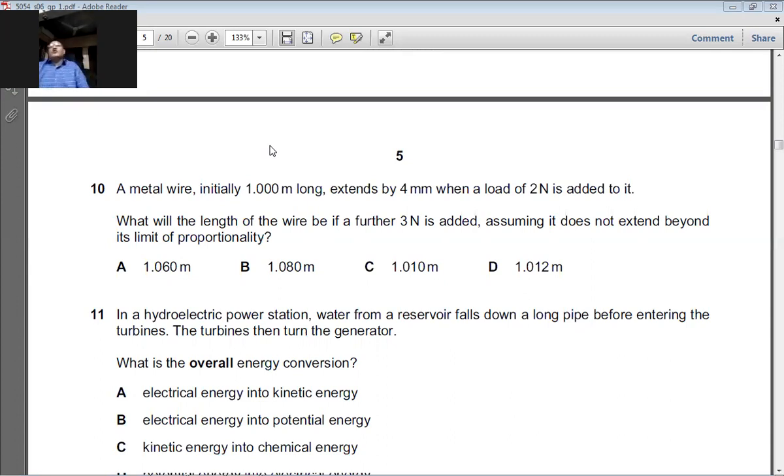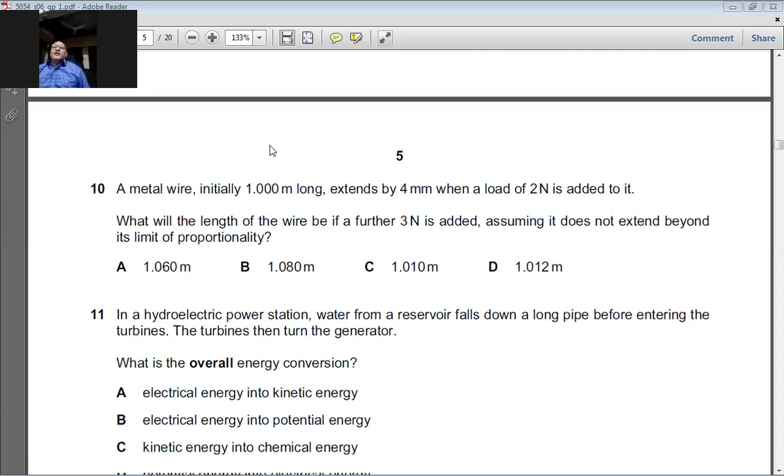Now, he says when there is no load, the length is 1 meter. And when you put 2 Newton load, the extension is 4 millimeter. So when you put a further 3 Newton, it means that the total load will become 5 Newton. So we have to find what will be the length.